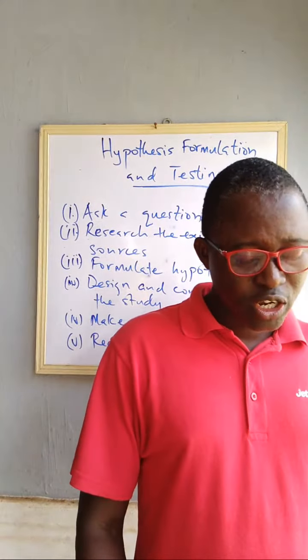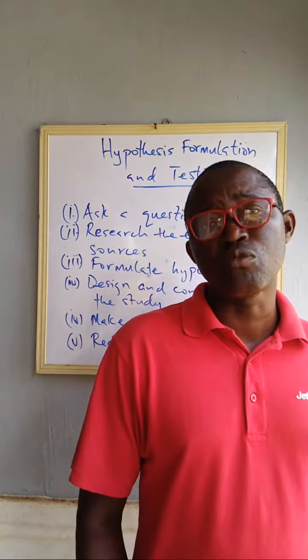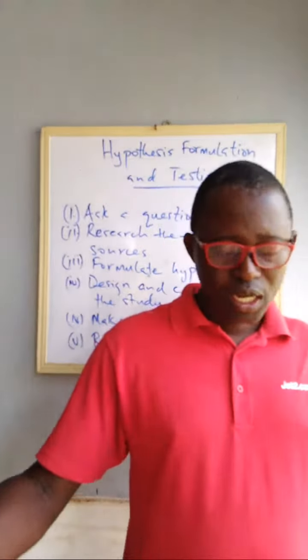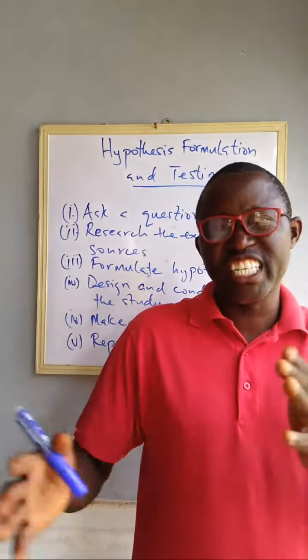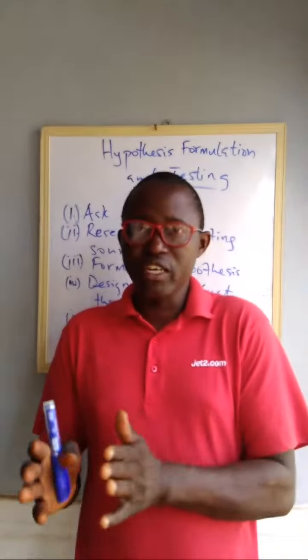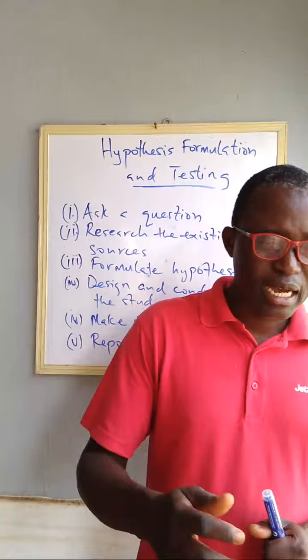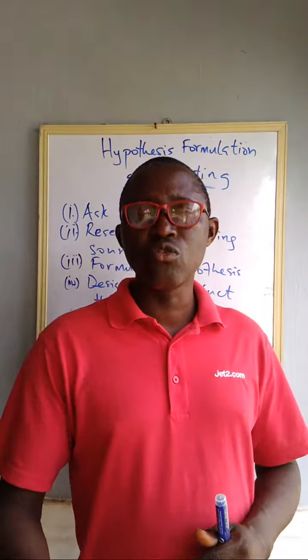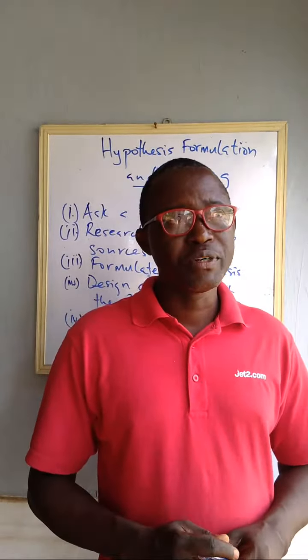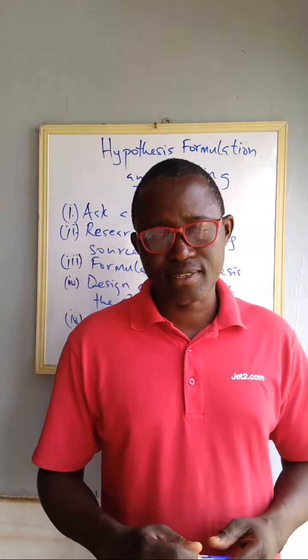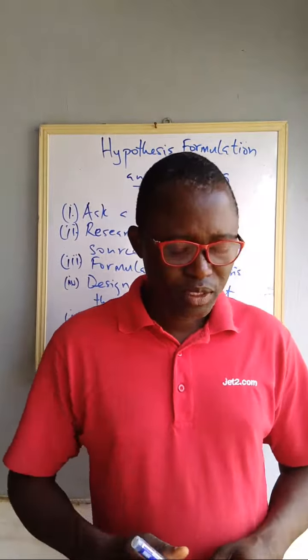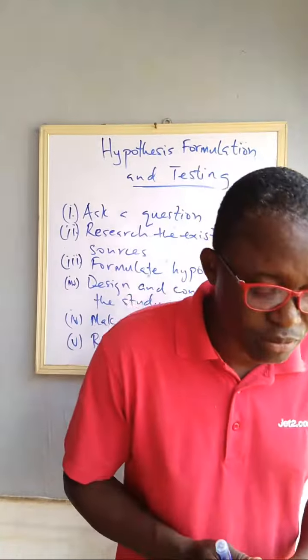Now, formulating a hypothesis. In formulating your hypothesis, what you are trying to do is to predict a relationship between a set of variables. You are predicting what is happening between one variable and another. Okay, you are predicting what can happen or what is actually happening. So you take measurements and look at the measurements you have to make your guess that this should be happening between these two sets of variables.